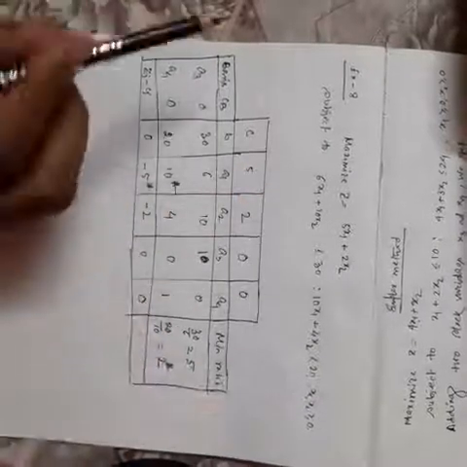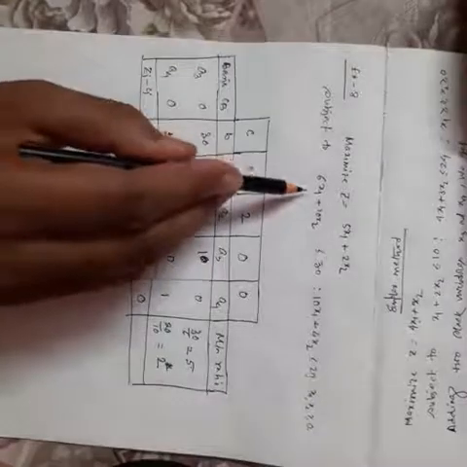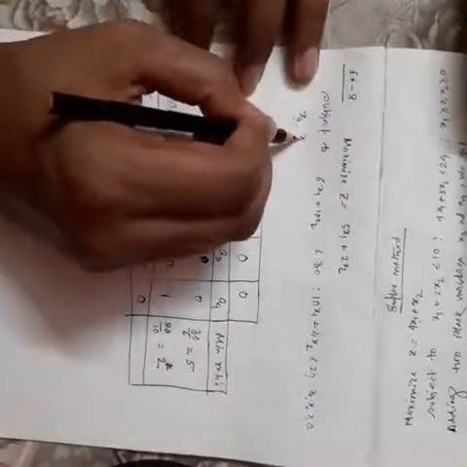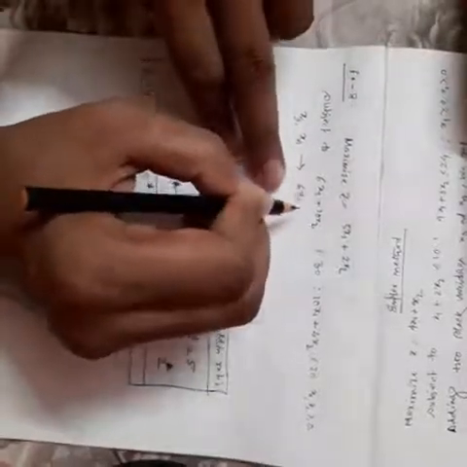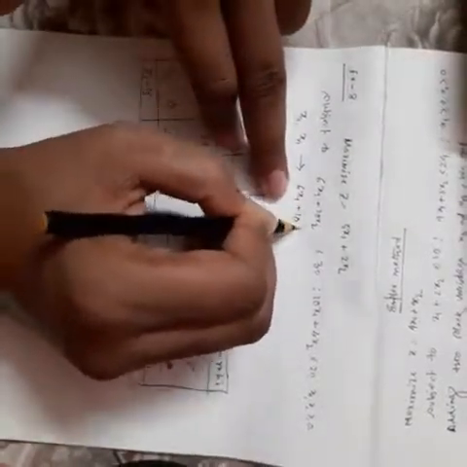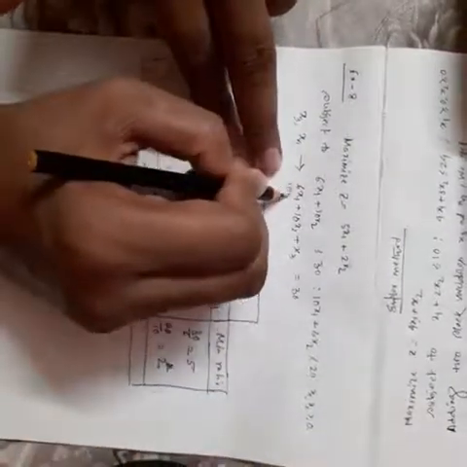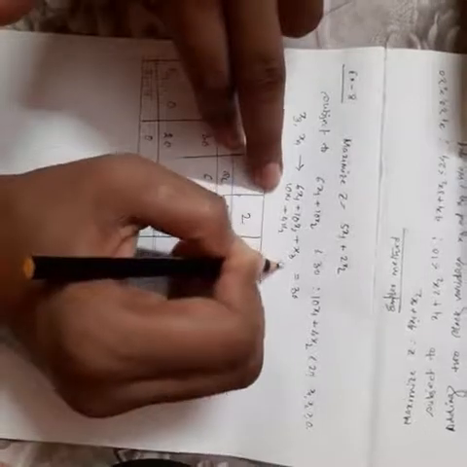Now by a similar process we add two slack variables, because these are less than or equal to constraints. That's why we add two slack variables x3 and x4, and we rewrite the inequations as equations: 6x1 plus 10x2 plus x3 equal to 30, 10x1 plus 4x2 plus x4 equal to 20.